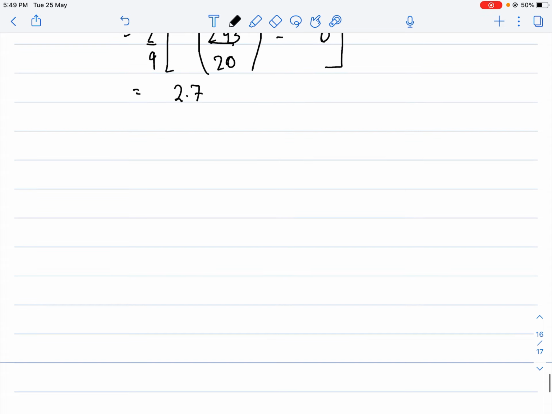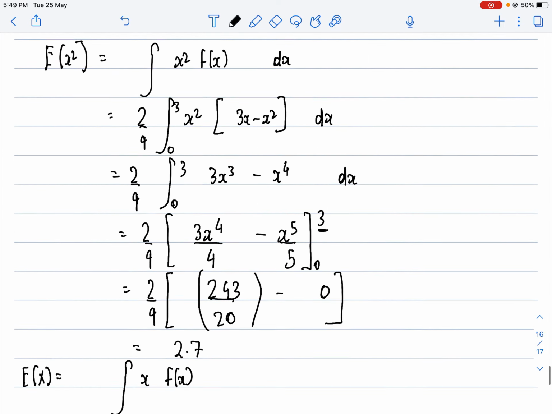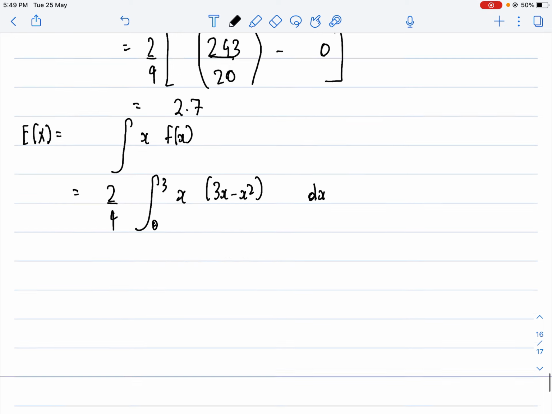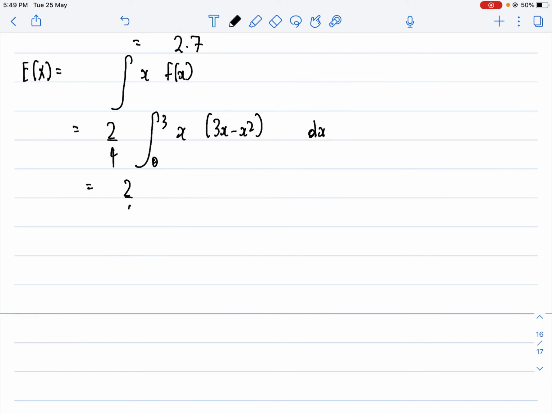Agreed? Now we need to calculate E of x, for E of x the whole square. For that the formula is x into the f of x. So this is basically 2 over 9 with the integration of x into, I know my f of x is simply 3x minus x square, with the limits 0 to 3 dx. So I can write this basically as 2 over 9 with the integration 0 to 3 of 3x square minus x cube dx.